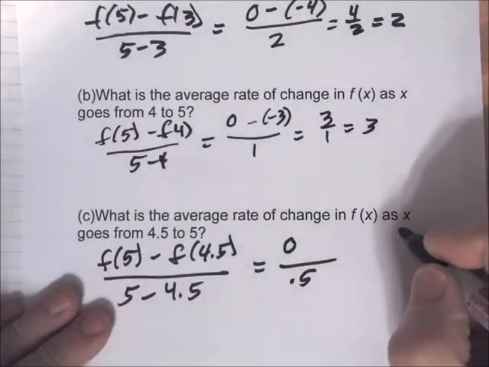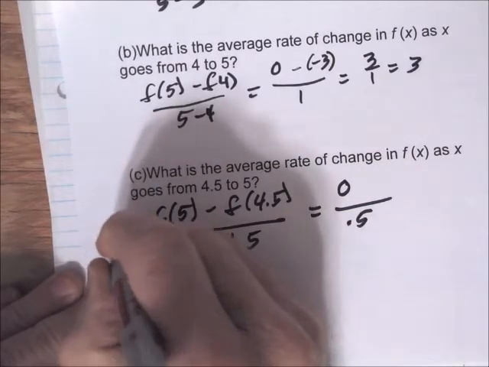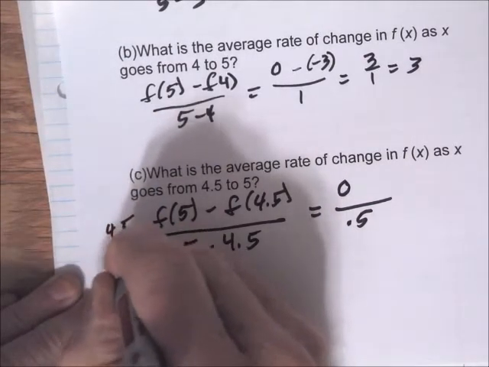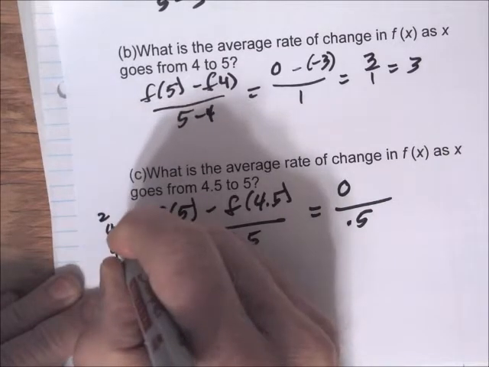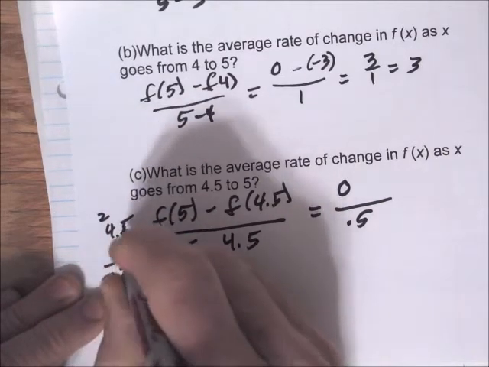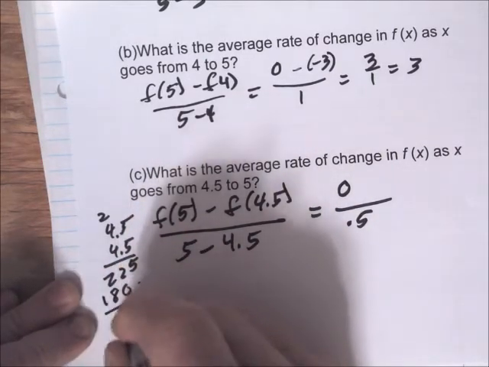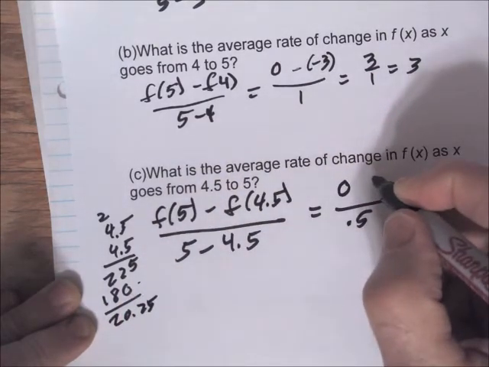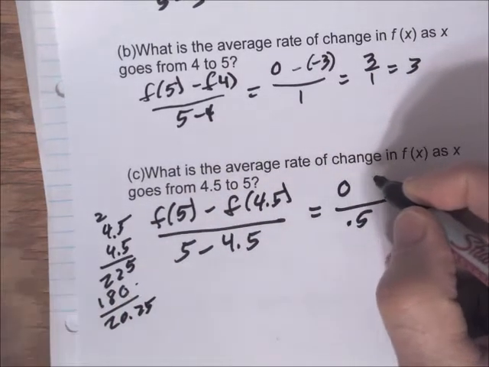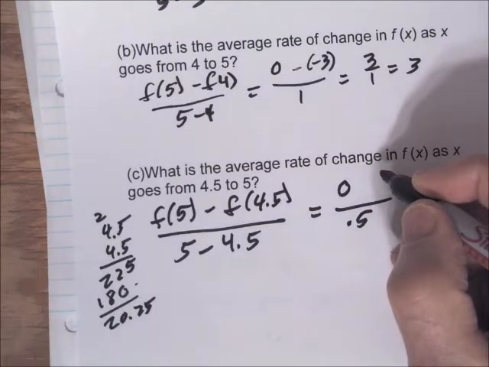Okay, so 4.5 squared, 4.5 times 4.5, is 20.25.